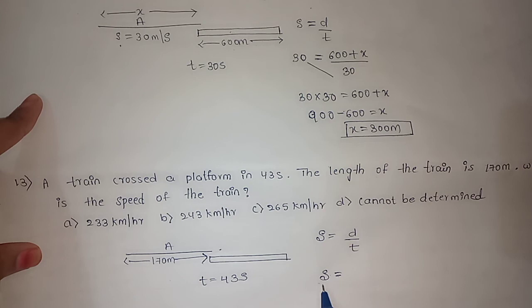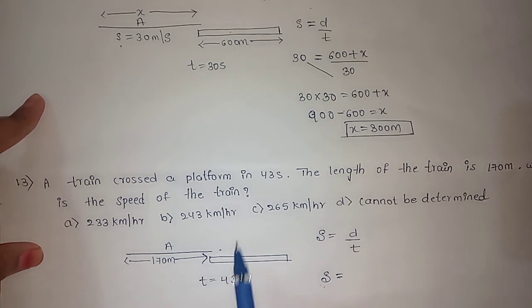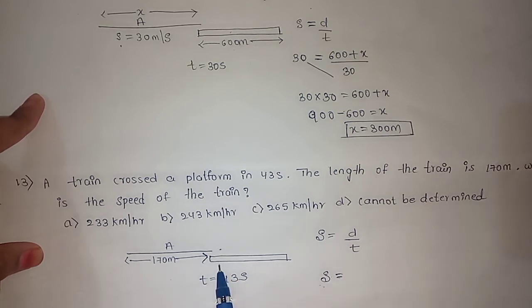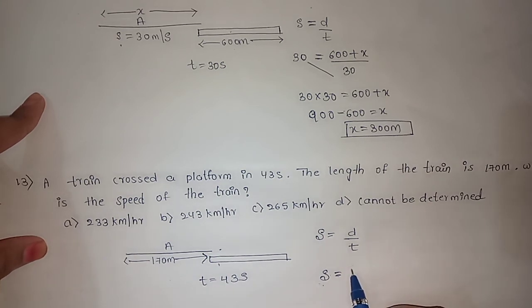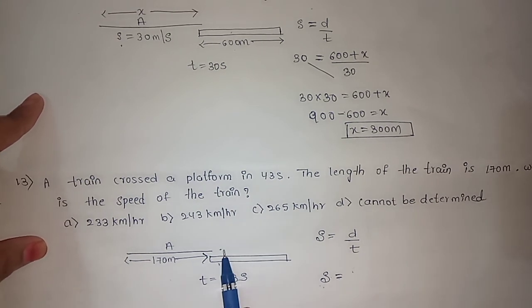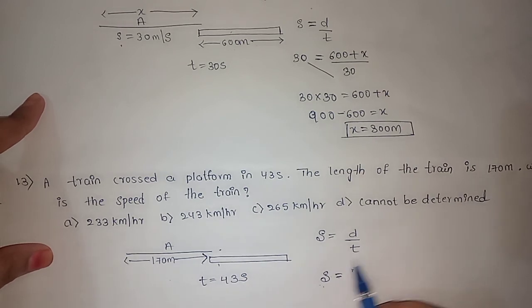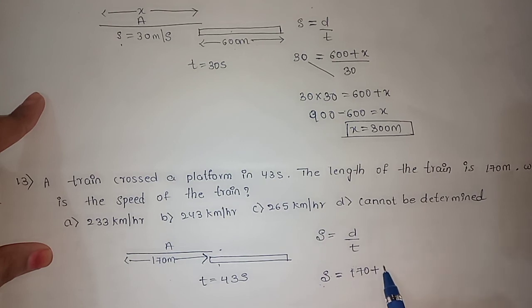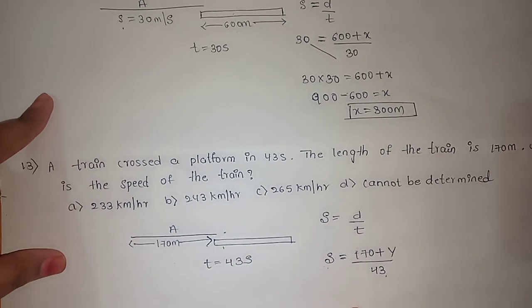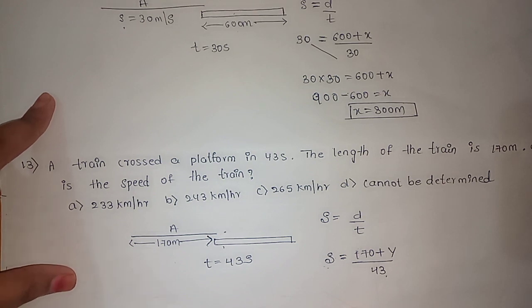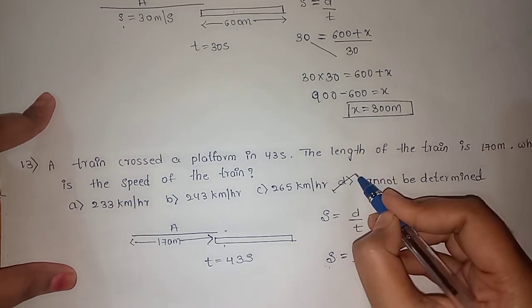If the speed is given, we are able to find the length of the platform, right? Because the length of the platform is not given, we get 170 meter plus y over 43. Can you find this? No, right? We do not have sufficient information. So option D, cannot be determined.